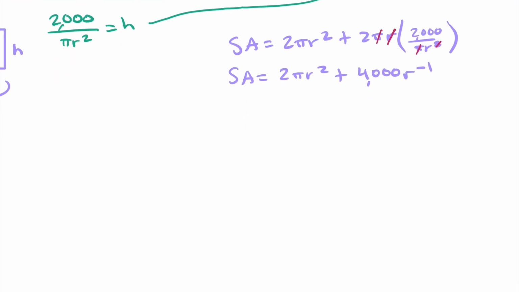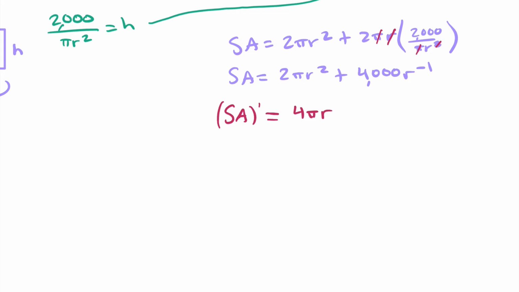The derivative of surface area is 4 pi r squared. Oh, sorry, 4 pi r. We are deriving it with respect to r, so there is no need for dr dt.